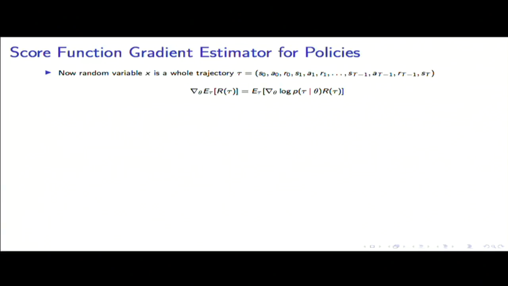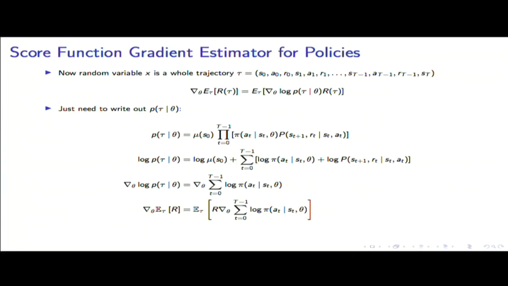We're going to write that with capital R, and tau is going to denote a trajectory. So we care about the gradient of the expectation of reward, and just using our score function gradient estimator, we know that this can be computed by taking the expectation over trajectories of grad log probability of the trajectory times the reward of the trajectory.